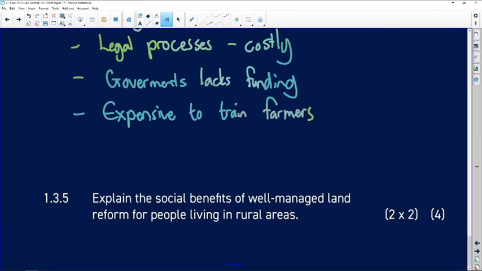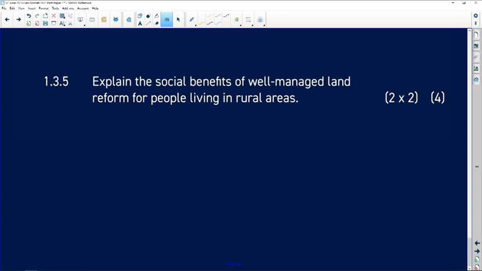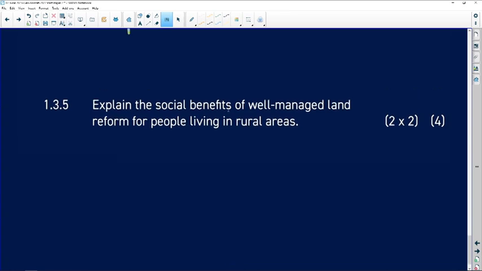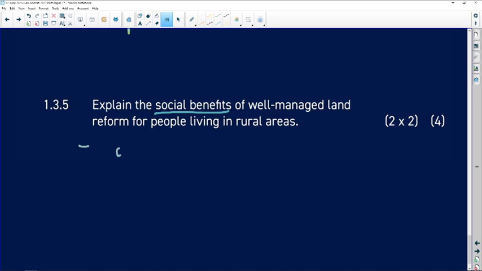Now, if you look at the social benefits of a well-managed reform for people living in rural areas. Social benefits, obviously, it's going to improve people's quality of life and standard of living. It's going to have a major impact on the surrounding community. First and foremost, it creates employment opportunities.